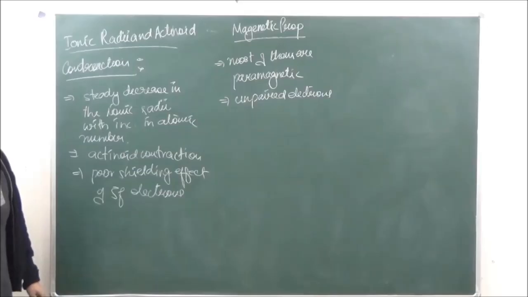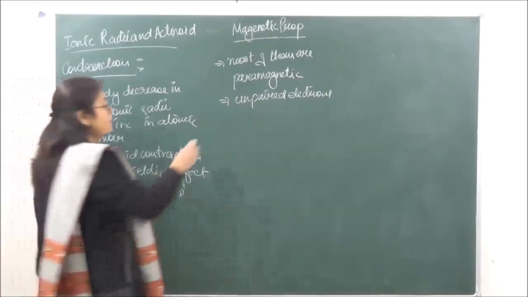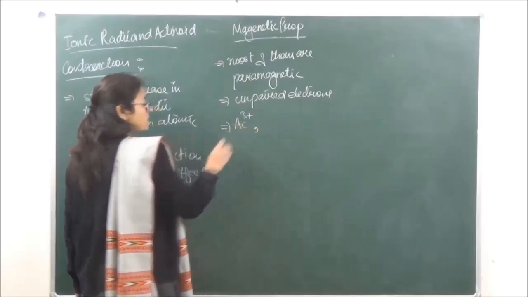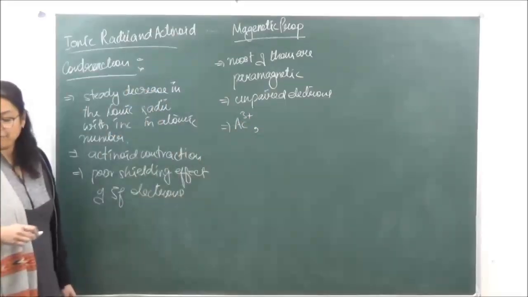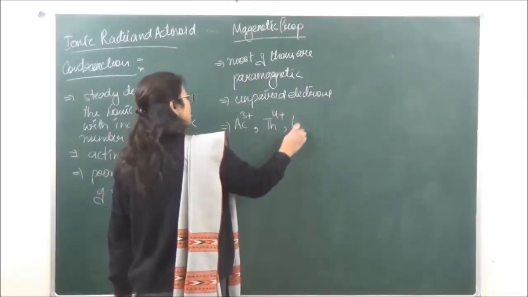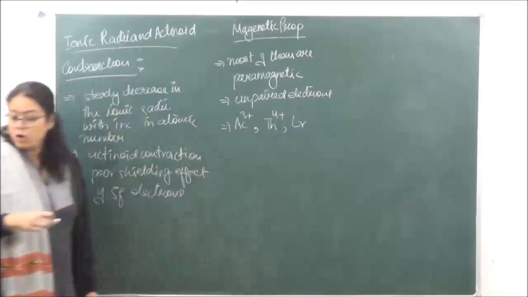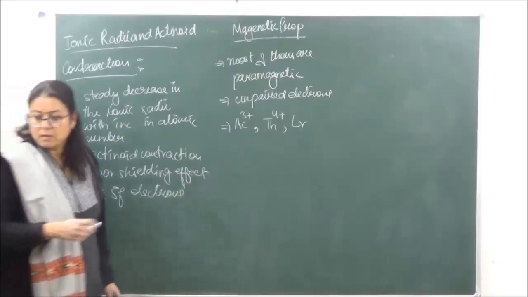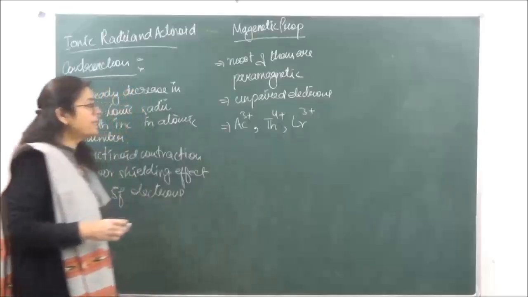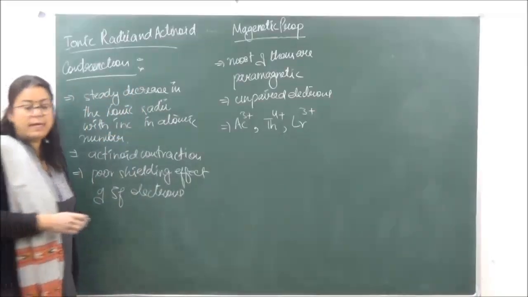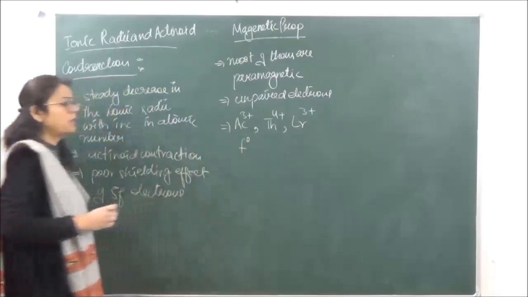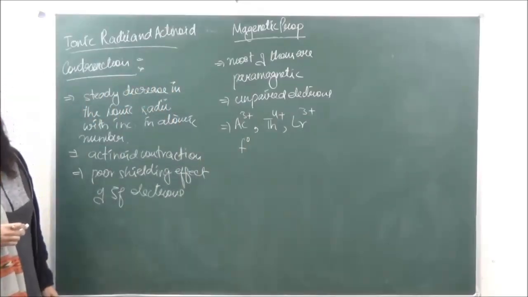Okay? Now the ions like Ac3+, then thorium 4+, and then lawrencium 3+. Right? When we look at the electronic configuration, actinium 3+ has an electronic configuration of 5f0.